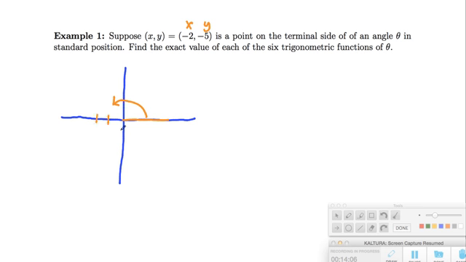1, 2, and then 1, 2, 3, 4, 5. So the particular angle that they're talking about is going to rotate, just like I've shown, up until the point -2, -5, which is right here.